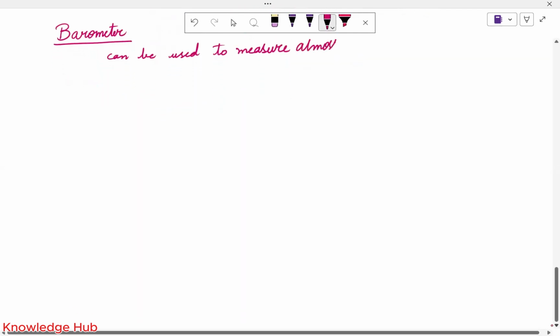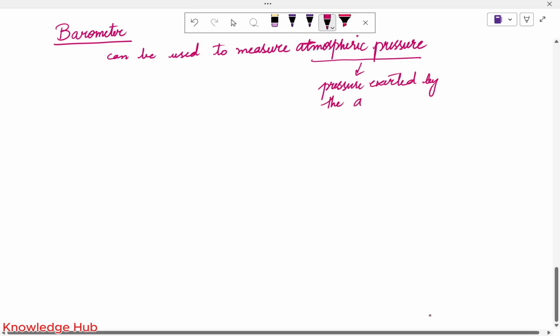Atmospheric pressure is the pressure exerted by the atmosphere. How does it actually work?